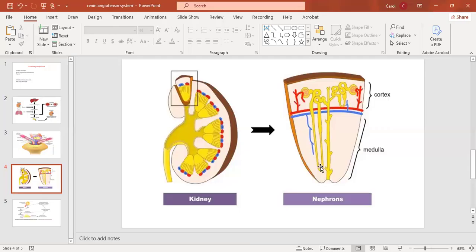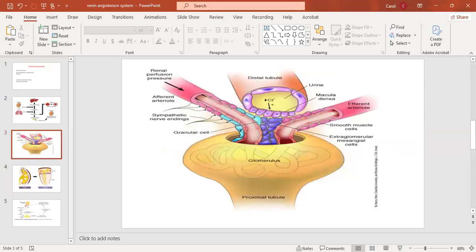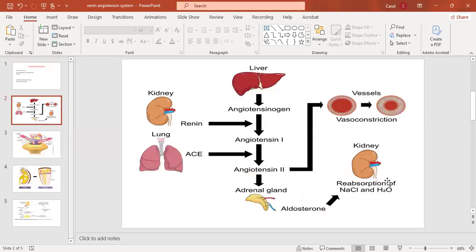Once the reabsorption of sodium has been increased at the renal tubules, it means even water will be reabsorbed back into the bloodstream. Therefore, there will be reabsorption of water and sodium chloride from the renal tubules. This sodium chloride and this water will then go back into the bloodstream, and this will result in an increase in blood pressure.